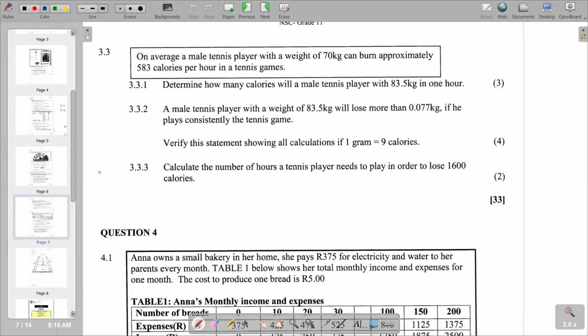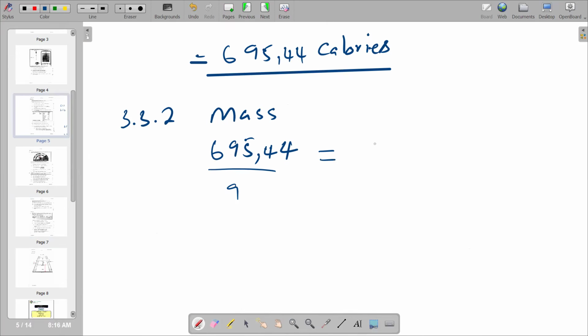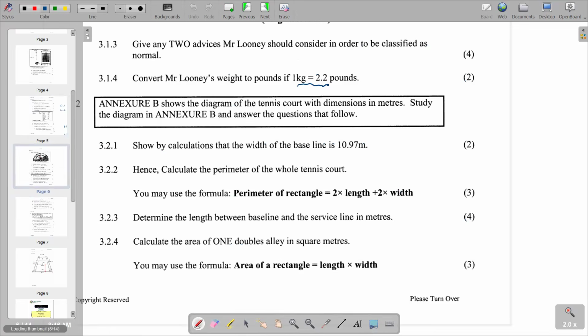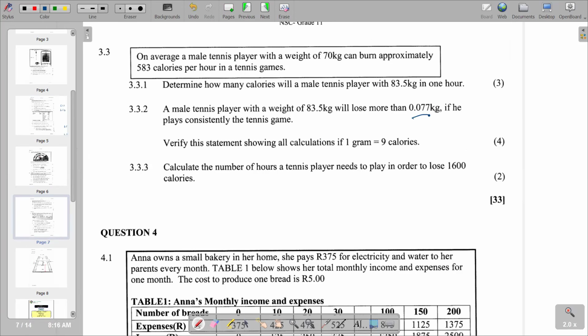So if you divide, you are going to get your answer, which is 77.2 grams. And we want to convert them to kgs because we are comparing with 0.077.